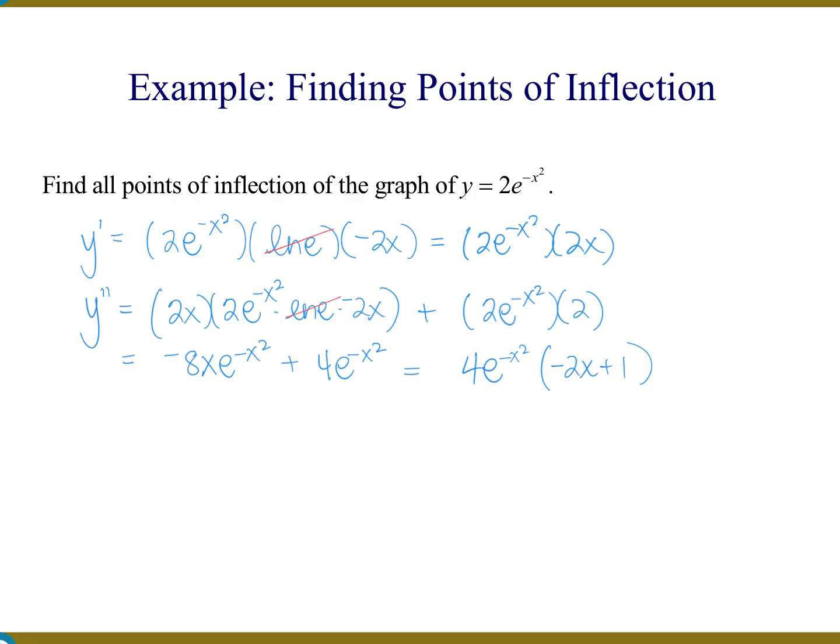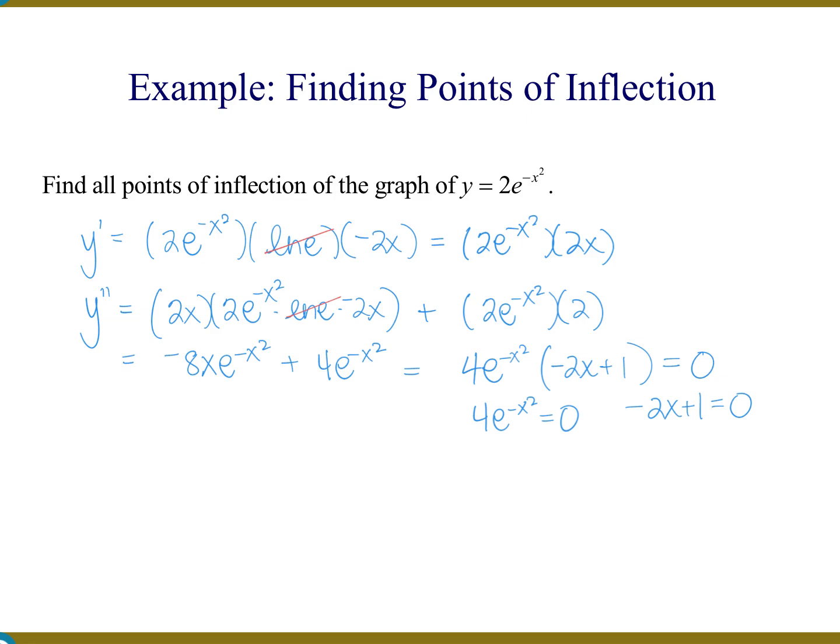Now what am I going to do with that? Remember, I'm going to take that second derivative and set it equal to 0 to see if I have any candidates. So that means I have 4e to the negative x squared set equal to 0, and negative 2x plus 1 being set equal to 0.